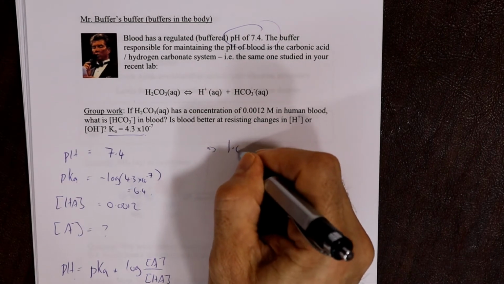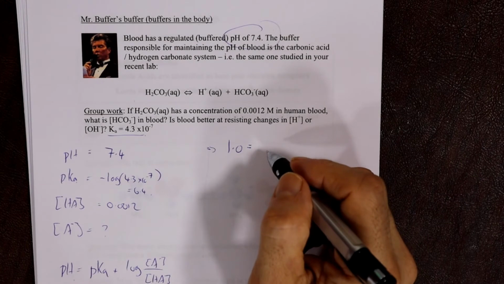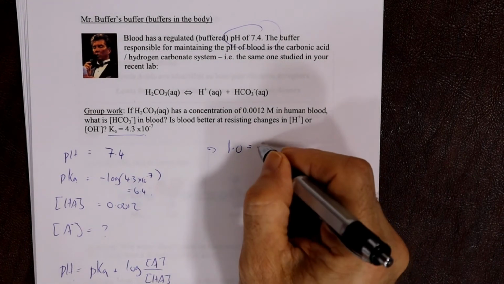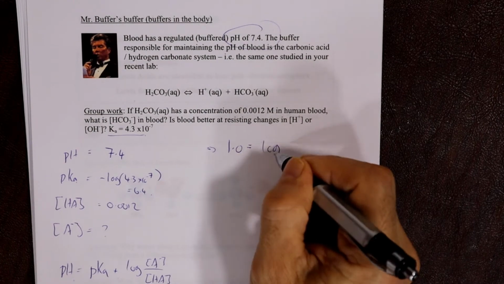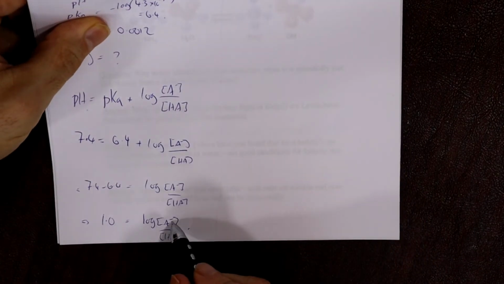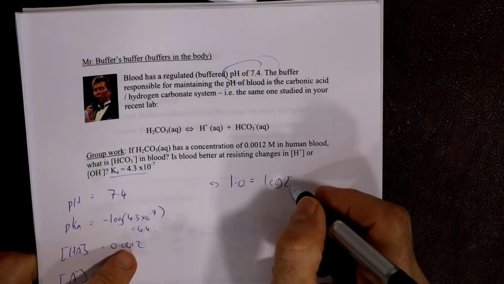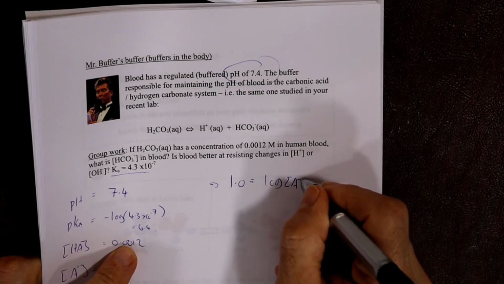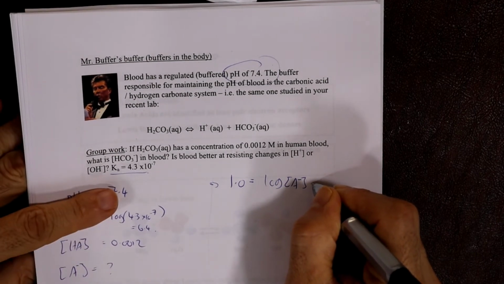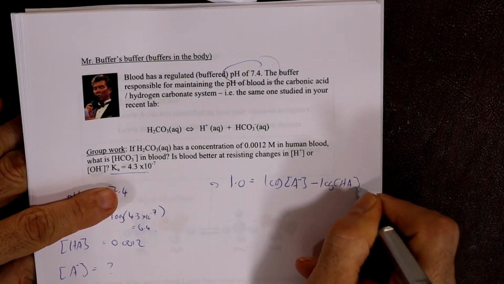Therefore, 1.0 equals, I can use the rule that the log of two things divided is the log of this minus the log of that: log A minus minus log HA.